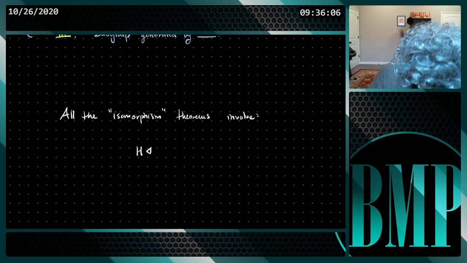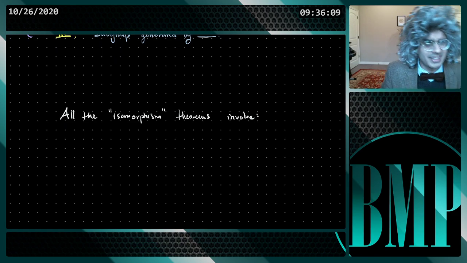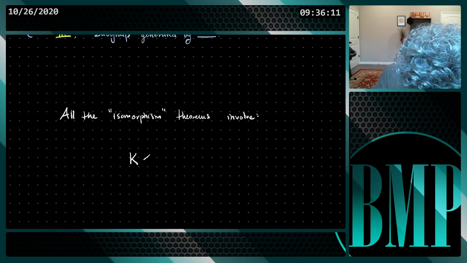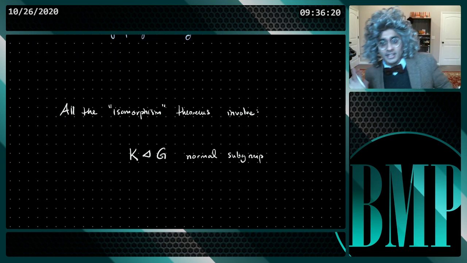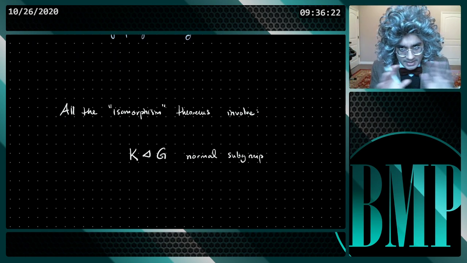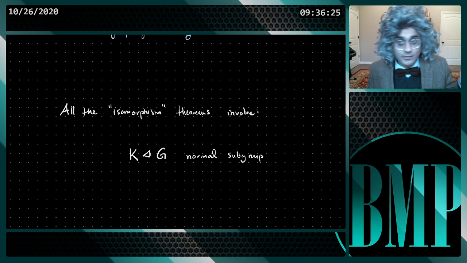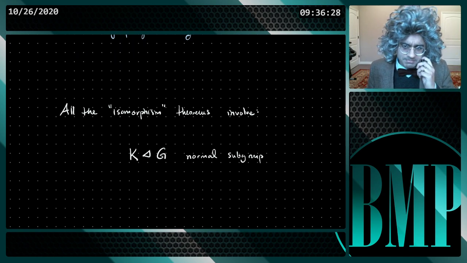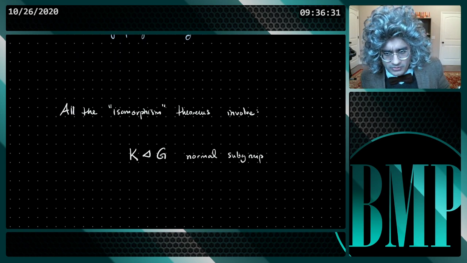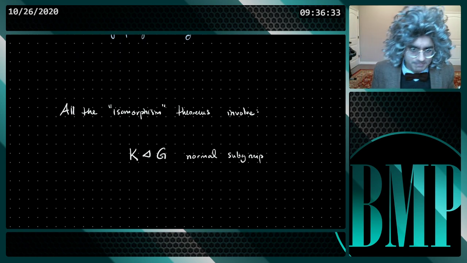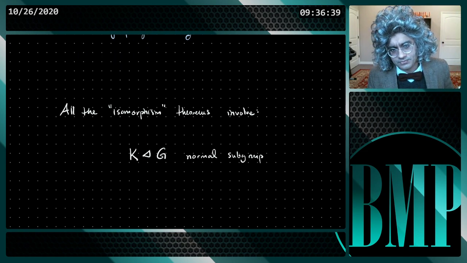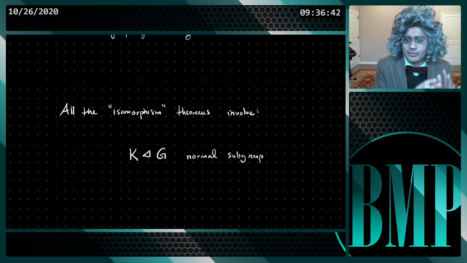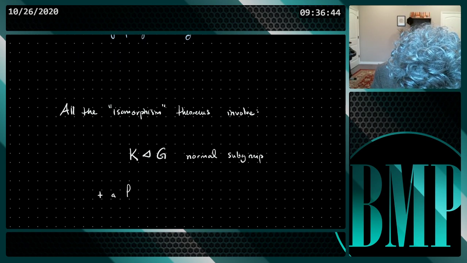You'll have a normal subgroup. Maybe I should keep the normal subgroup to be K. Let's do K. Okay, so you'll always have a normal subgroup in the setting. And the first isomorphism theorem kind of had a normal subgroup floating around, namely the kernel of a homomorphism. So you have a normal subgroup, and then you're going to have another subgroup, sort of a friend. And then a plus friend.